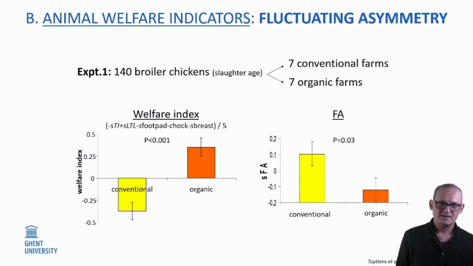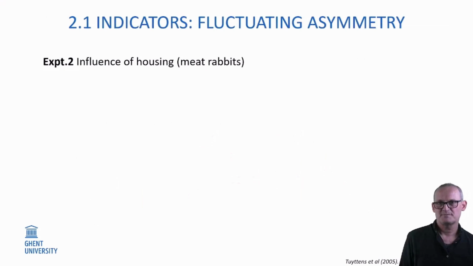And now fluctuating asymmetry. Well, yes, according to the hypothesis, the ones from the conventional farms were less symmetric as compared to those from the organic farms, exactly in line with the hypothesis.